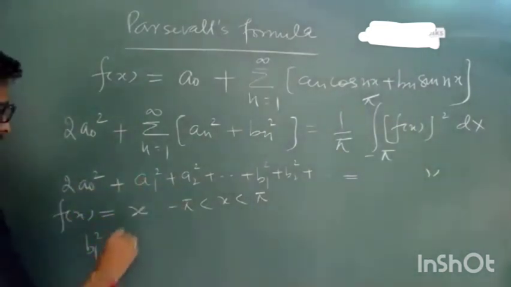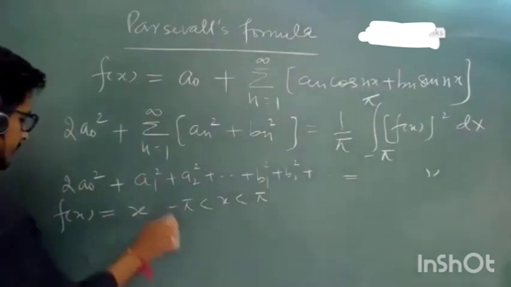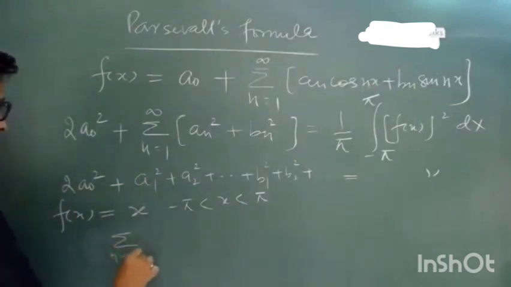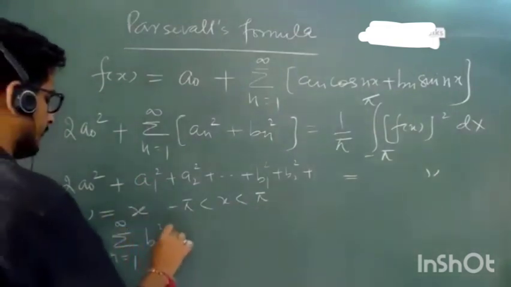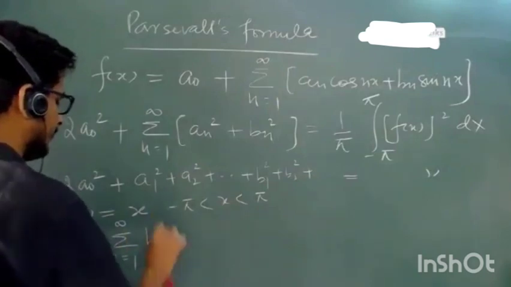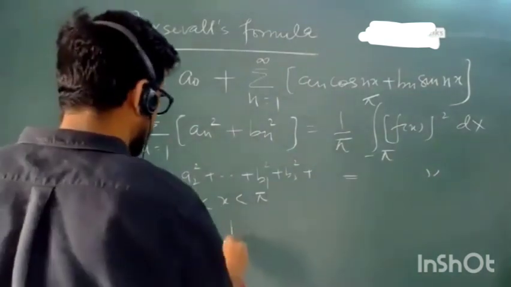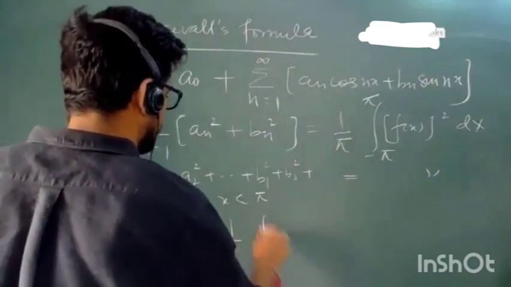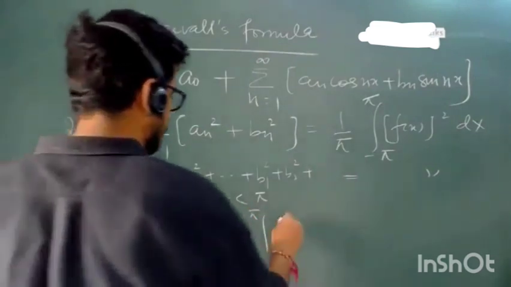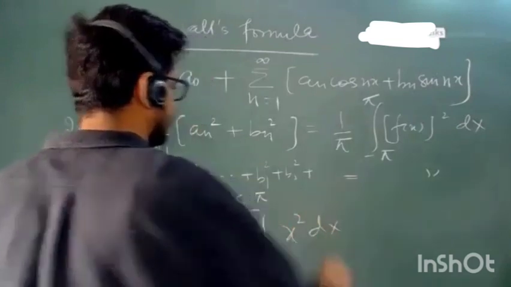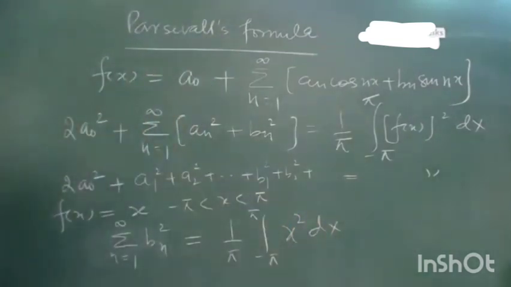So just b1 square plus b2 square, I mean just summation n is equal to 1 to infinity b_n square will be equal to this side 1 by pi integral minus pi to pi x square dx. Look carefully, correct? Yes or no?